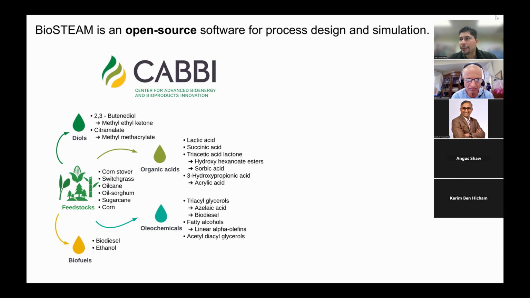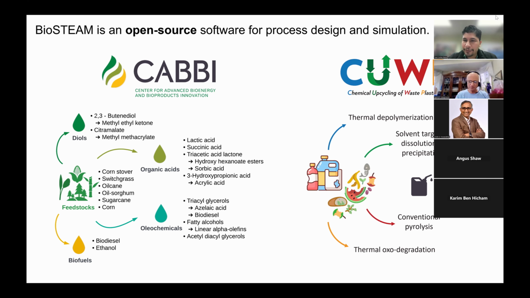We have maybe 20 or more open source process models that are available in a repository called Bioindustrial Park. I'll show you a link to that repository and guide you through it later on. Now, as part of CUP, the Chemical Upcycling of Waste Plastics here at UW-Madison, we're also using BioSTEAM to evaluate a number of pathways to upcycle waste plastics and produce fuels, chemicals, and resins.